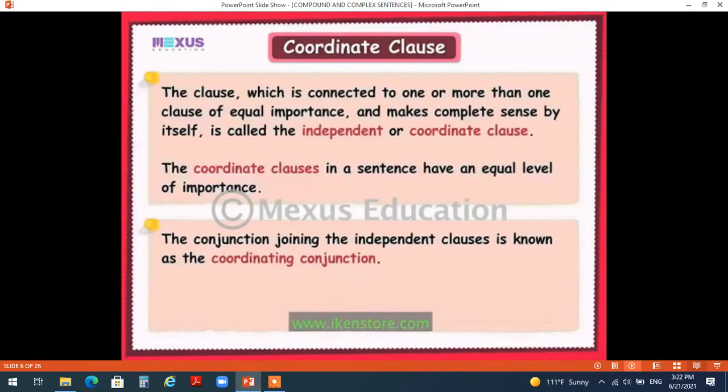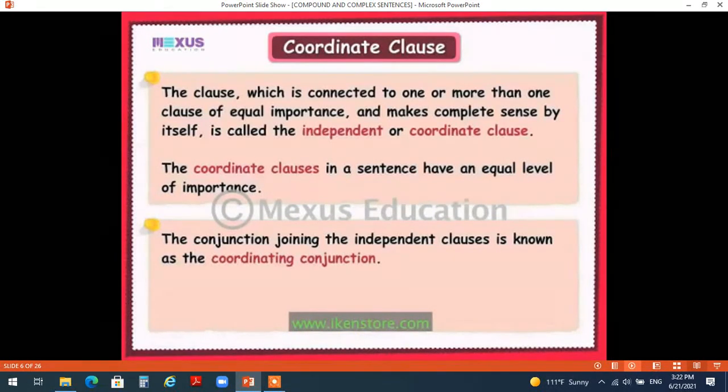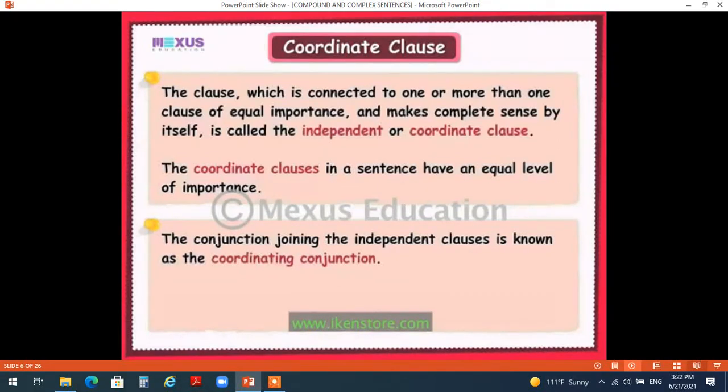ولذلك الكوردينيت كلوز أيضا ممكن أن نطلق عليه اسم independent اللي هو العبارة الفعلية المستقلة، لأنها ممكن أن تستخدم كعبارة مستقلة مكتملة المعنى. The coordinate clause in a sentence have an equal level of importance. قلنا العبارات الفعلية التي تربط باستخدام الكوردينيشن تكون متساوية من ناحية أهميتها، لا توجد عبارة فعلية أهم من الأخرى في الكوردينيشن، بل تكون جميع العبارات الفعلية متساوية من ناحية الأهمية.